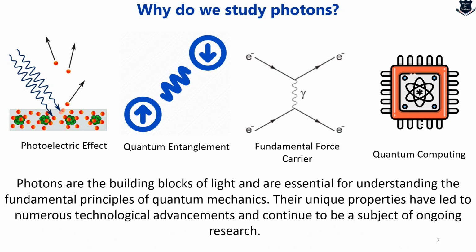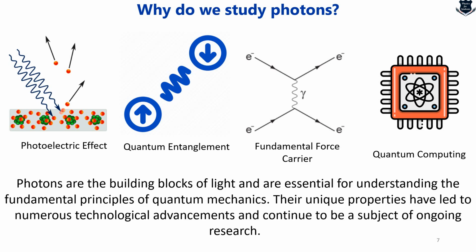So all in all, photons are the building blocks of light and are essential for understanding the fundamental principles of quantum mechanics, and their unique properties are giving numerous technological advancements. And in quantum electrodynamics, photons are the force carriers of the electromagnetic force, which leads to a lot of discoveries and research that are still going on.